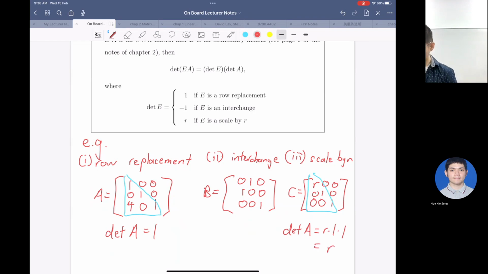So we have checked this. How about this one, the interchange? Is this obvious? Why is it minus 1?